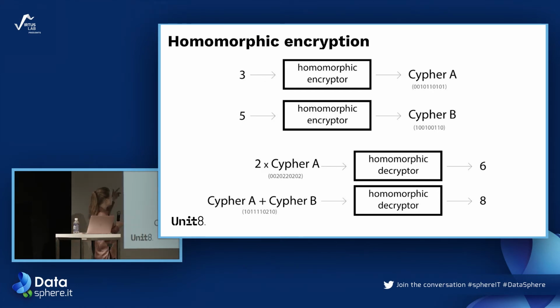If we encrypt 3 and 5 like that, we can still do addition, like in this example, straight on ciphertext without the need to decrypt it. Then we apply the decryptor only to the output of that addition done on ciphertext. And when we decrypt the output, it is the same as the calculation done on normal numbers.